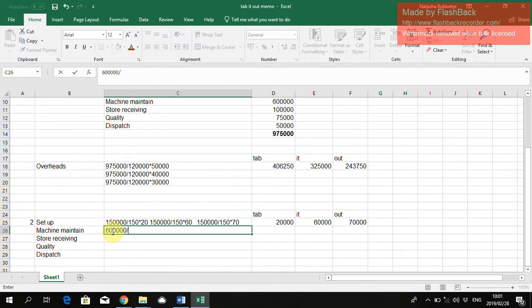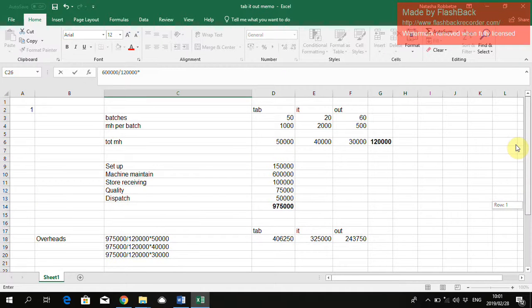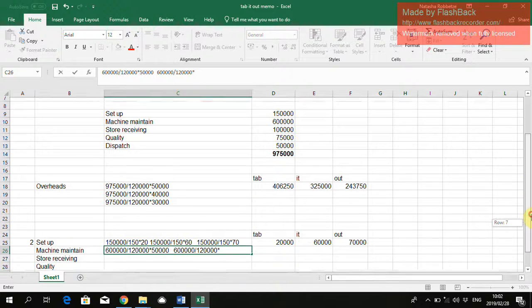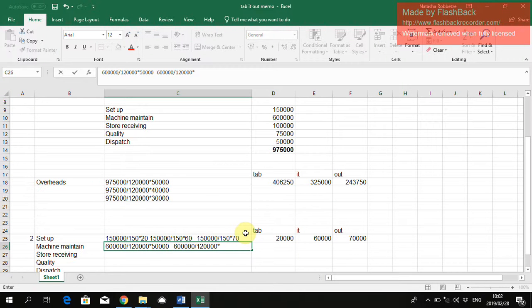We're going to divide that by total machine hours of 120, and I'm going to times for tab by 50,000. Then for it, I will repeat the first part of the calculation, but I will have to times by 40,000 machine hours.